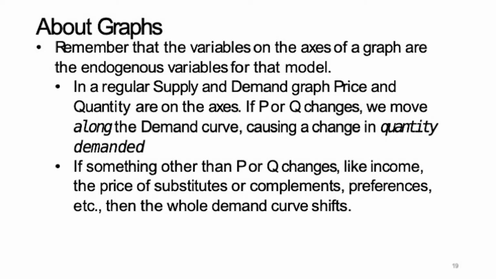In the same way that when we drew graphs for markets for shoes or milkshakes, we had a demand curve and a supply curve, and we said that price and quantity were endogenous to the model. What happens if the price falls?